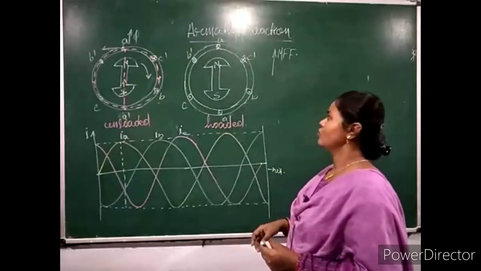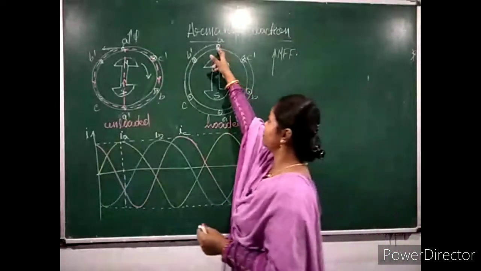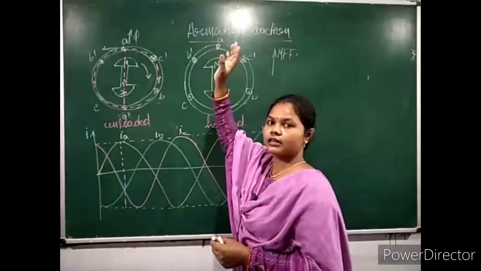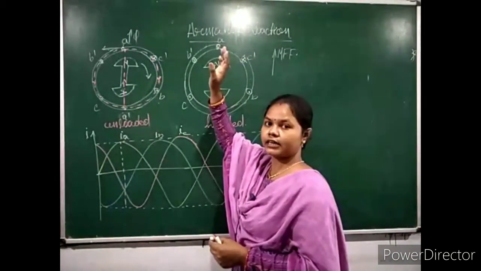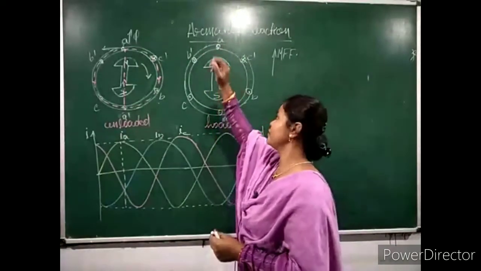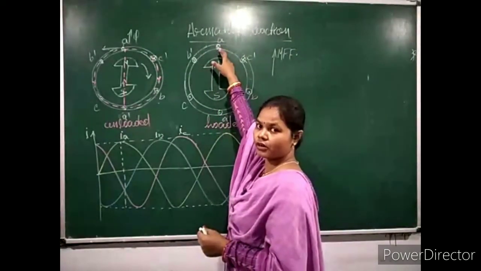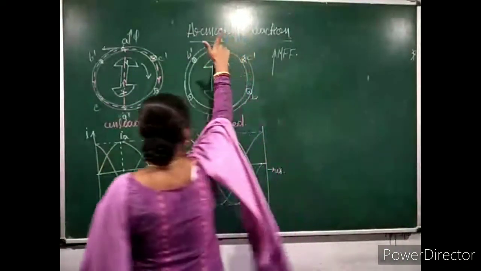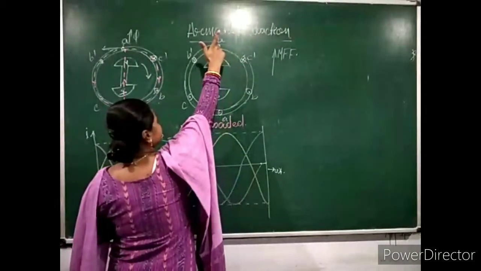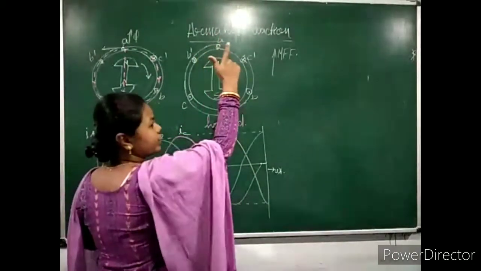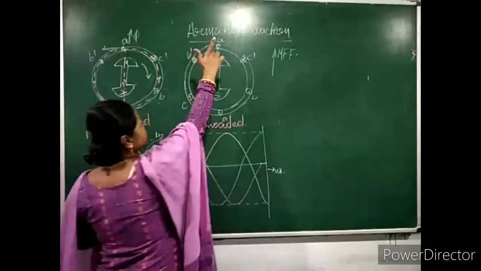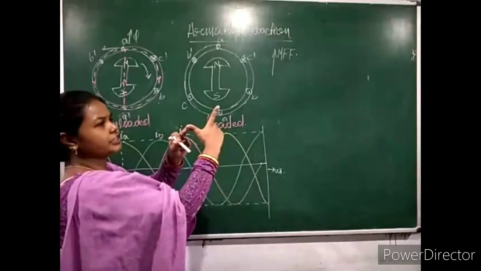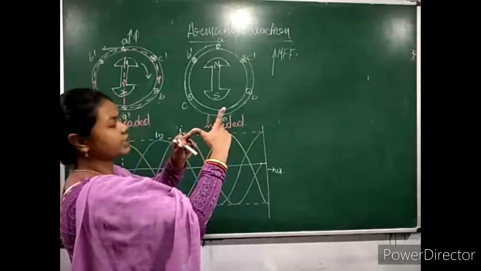And how do you decide the direction of flux here? First you find the direction of current, because due to the conductor current, flux is created. So first you find the direction of current by the right hand rule. If I apply the right hand rule here, then my middle finger shows the inward direction of current in this conductor, and my thumb shows the direction of motion of the conductor.